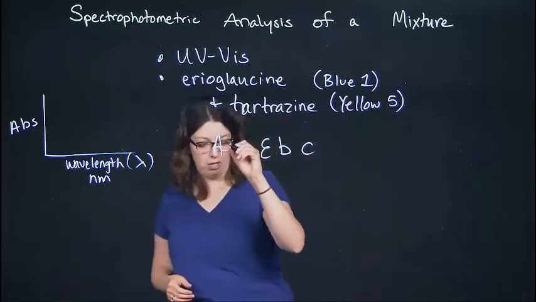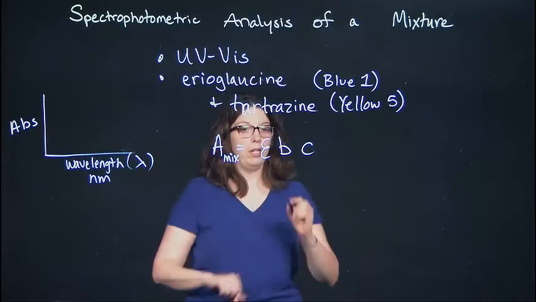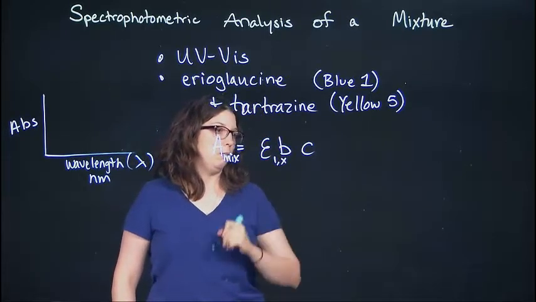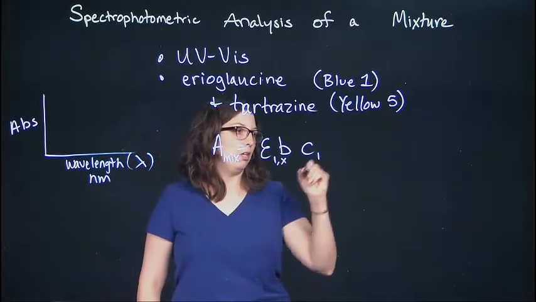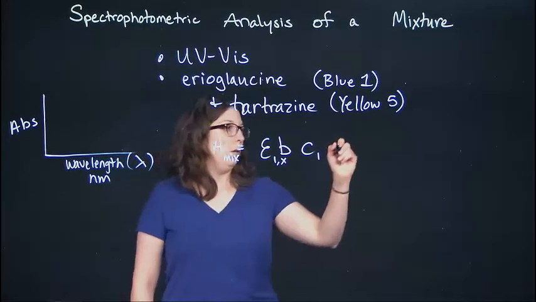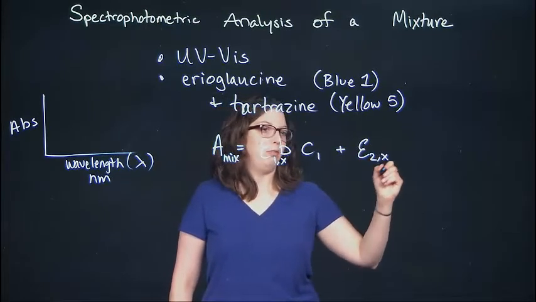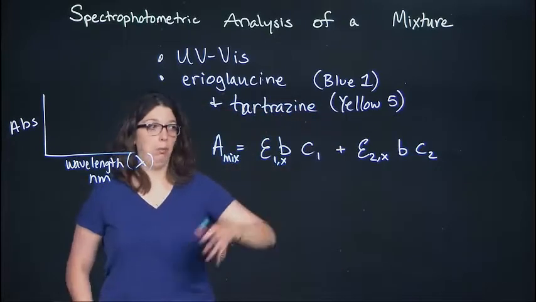And so for a mixture, we're going to have the molar absorptivity of component 1 at some wavelength x times the path length times the concentration of that component, plus the molar absorptivity of component 2 at that wavelength times the path length times the concentration of that second component.